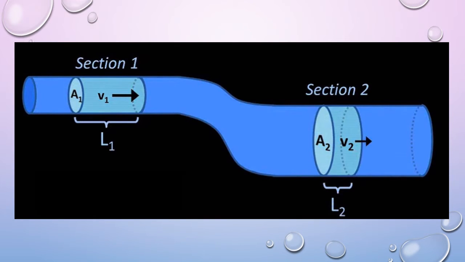As you can see in the picture on the left hand side, we have taken a section with area A1, the speed of the fluid flow through this section is V1, and the length of this section is L1.